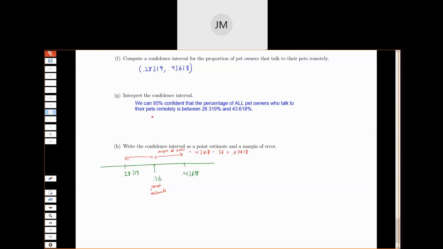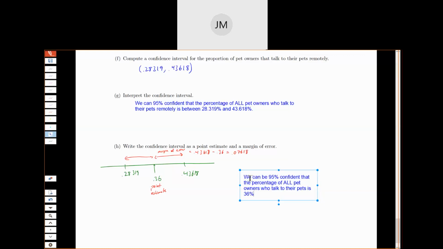So what I'm going to do is rewrite this same sentence that we have, but instead of talking about a range, an interval of values, I'm going to talk about a point estimate and a margin of error. I'm going to say we can be 95% confident that the percentage of all pet owners who talk to their pets is 36%.